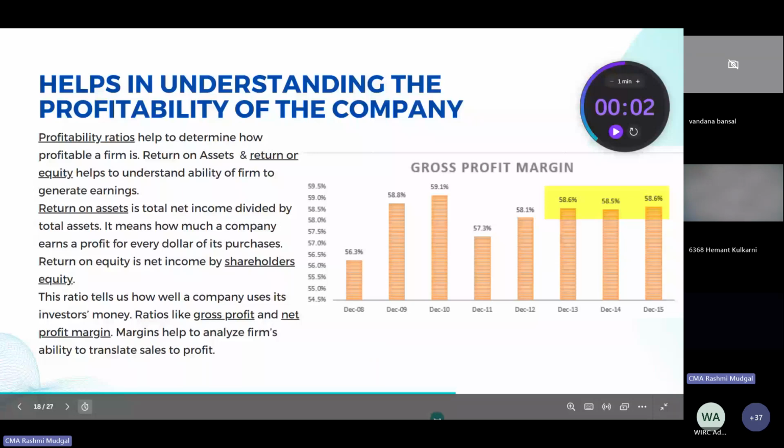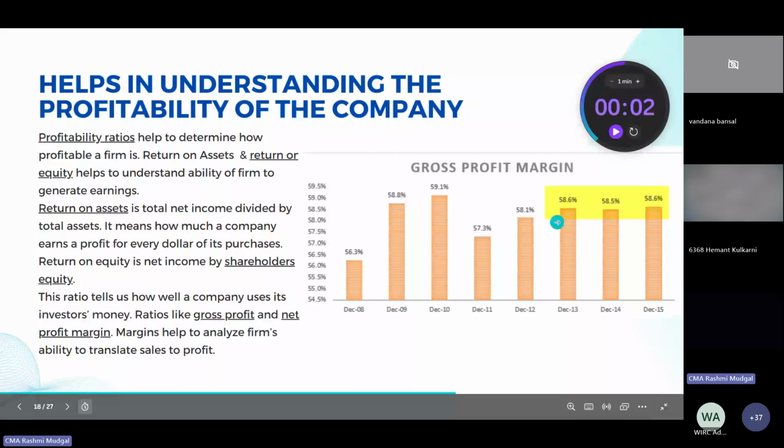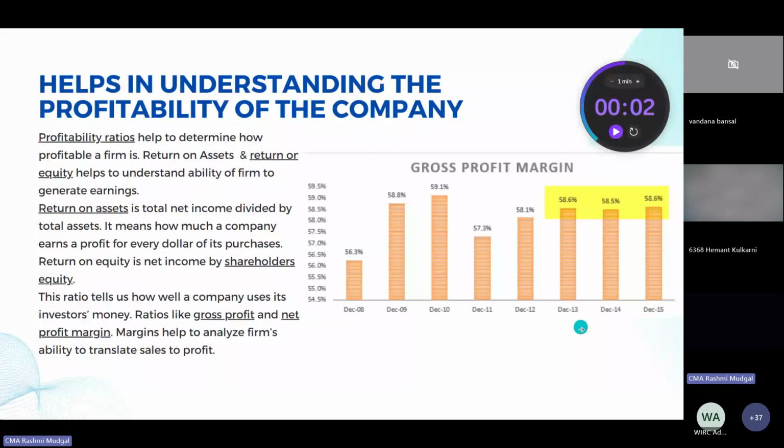But after 2010, there is a substantial gross profit decrease. And we can see here that there is stability in 2013, 14, and 15.